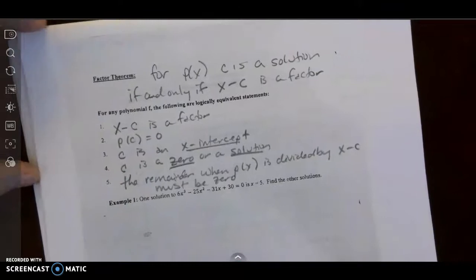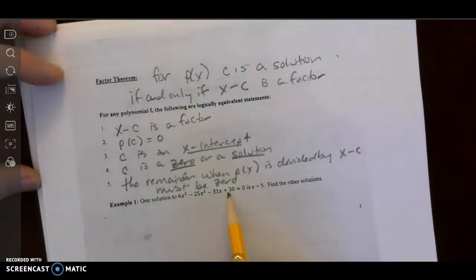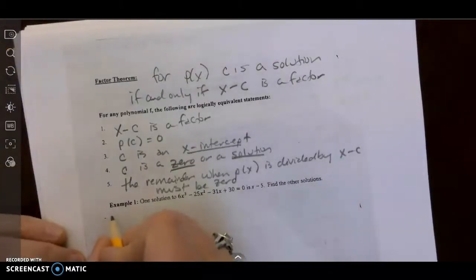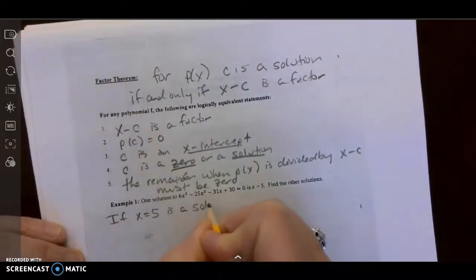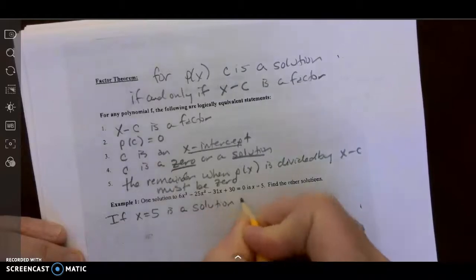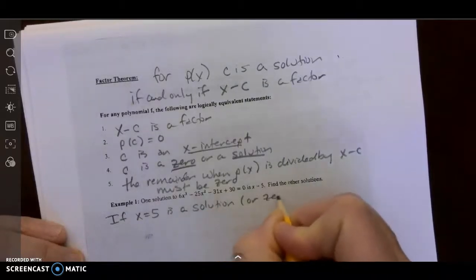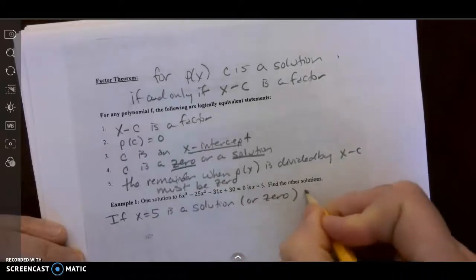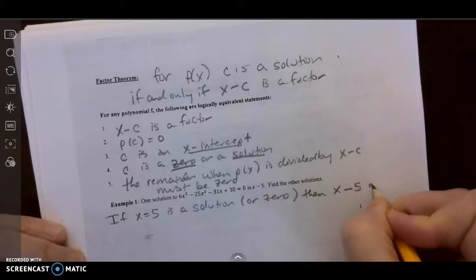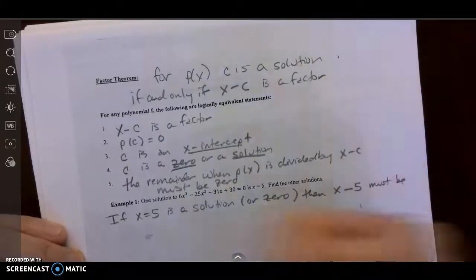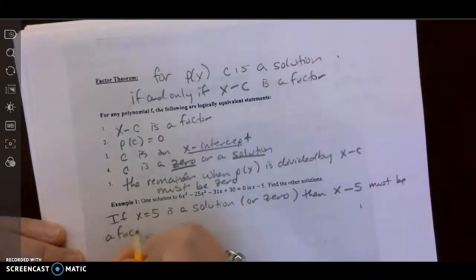They tell us that one solution to this equation is x equals 5. Find the other solutions. Well, if x equals 5 is a solution, or 0, then x minus 5 must be a factor.